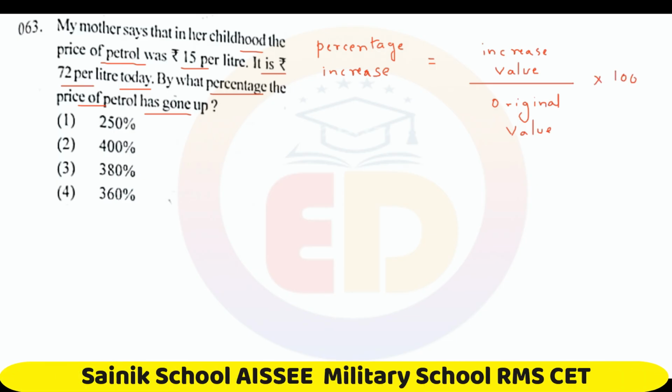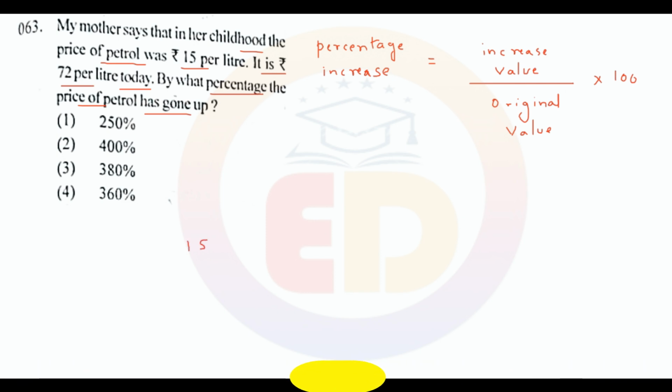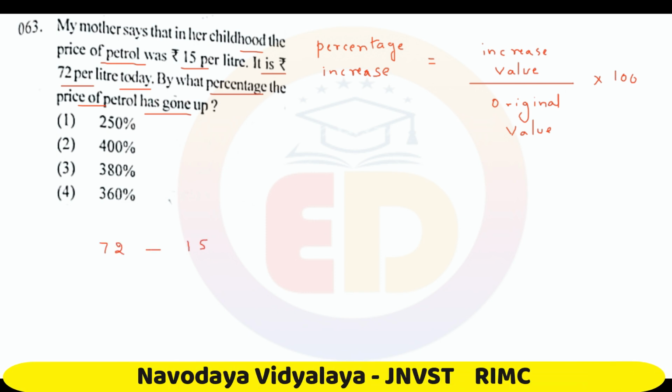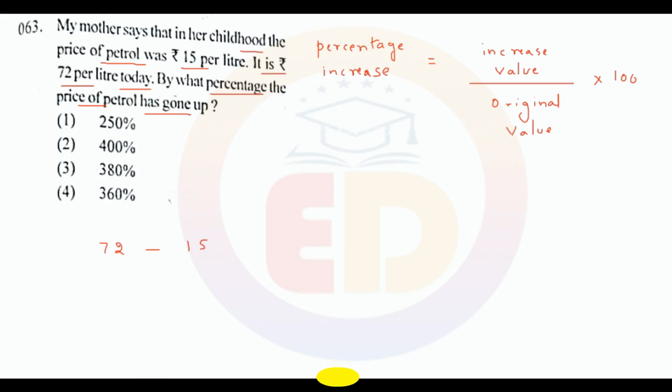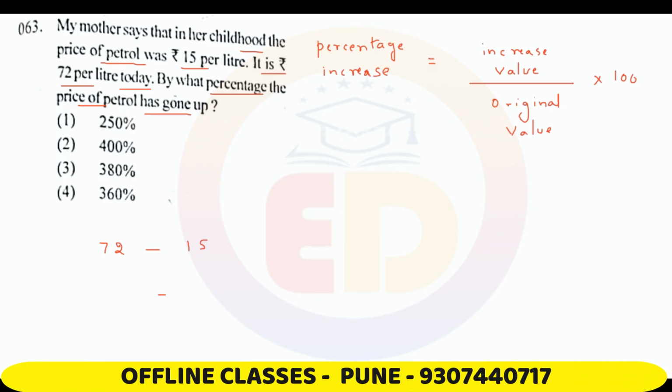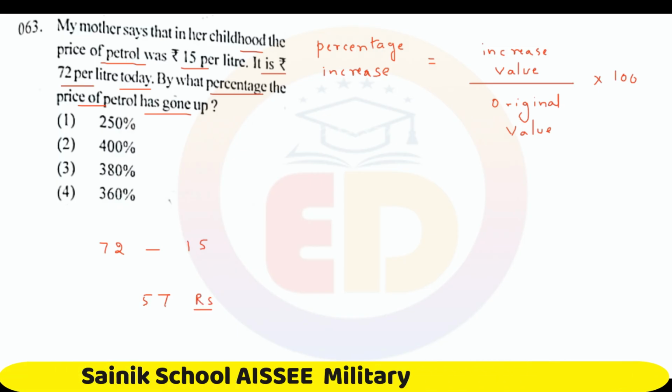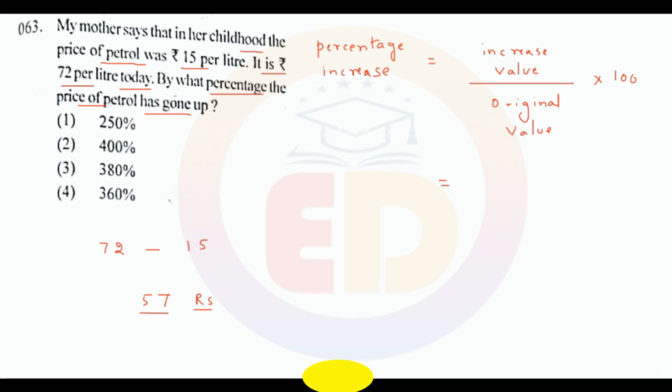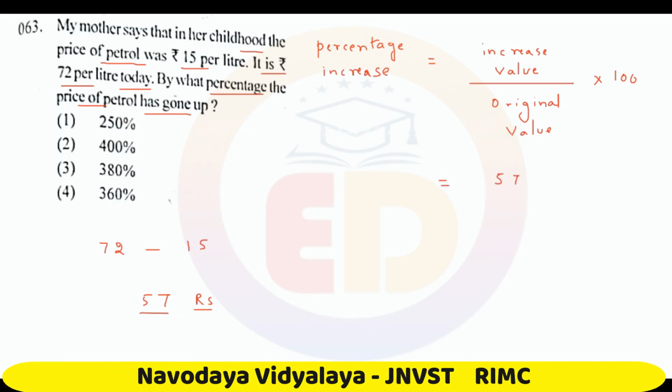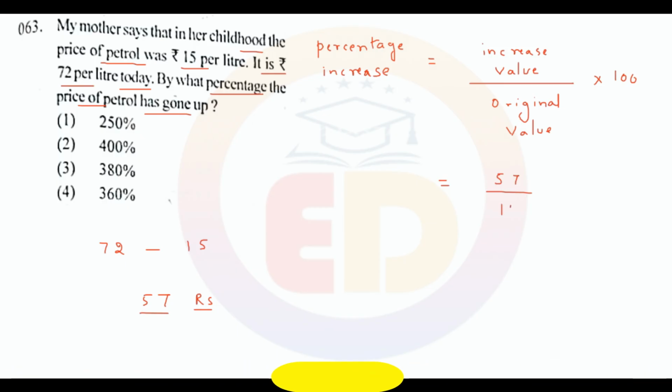To find the increase value: the petrol initially was 15 and now it became 72. So the increase in the price of the petrol is 57 rupees. That will be our numerator. The original value of petrol is 15 rupees.